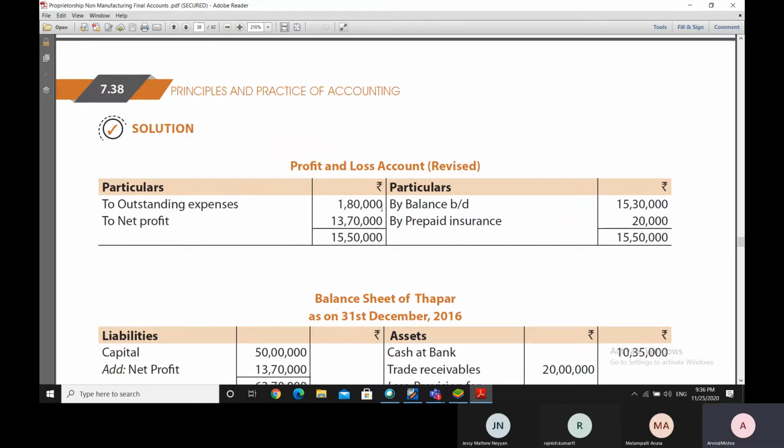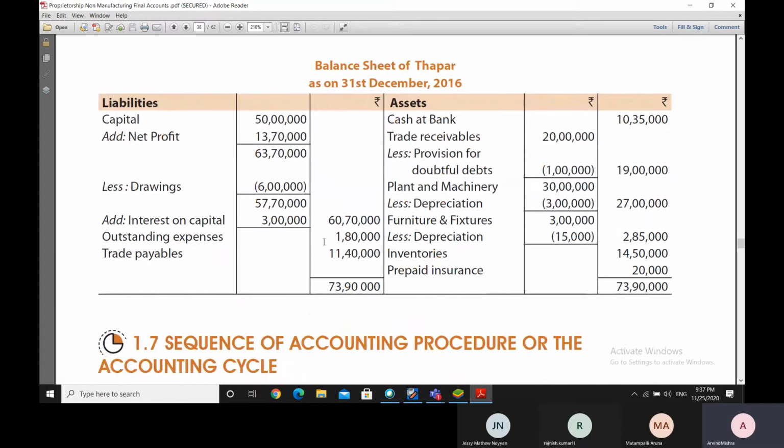As we can see here, the profit and loss account is being debited by 1,80,000 rupees, and credit is going to the balance of these outstanding expenses account, which is moving into the balance sheet, showing a liability.